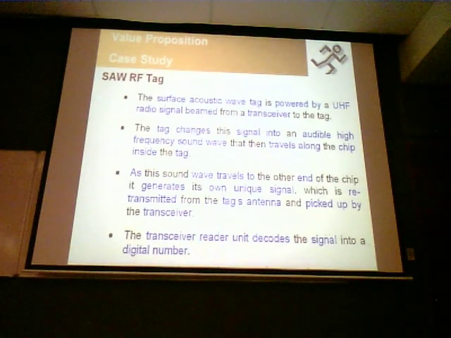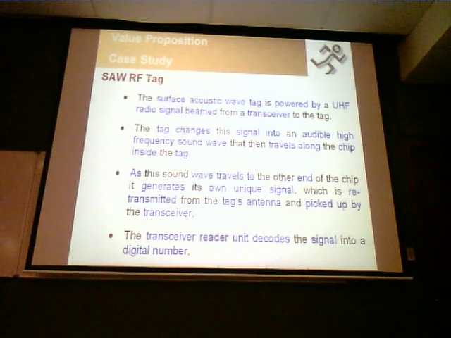So what this guy then did was invent an RFID tag. It's called a surface acoustic wave RF tag. It works in the UHF, the ultra high frequency range. A UHF sound wave is transmitted from a transmitter, which is called a transceiver because it's also a receiver.